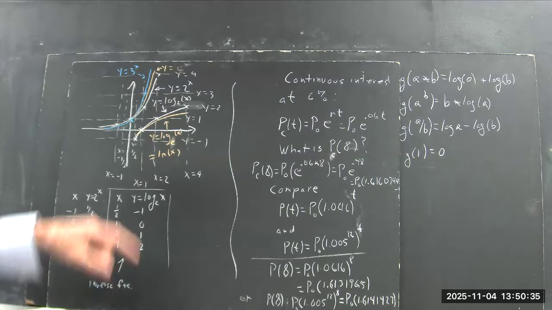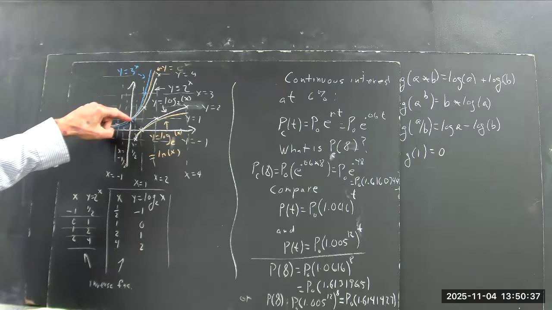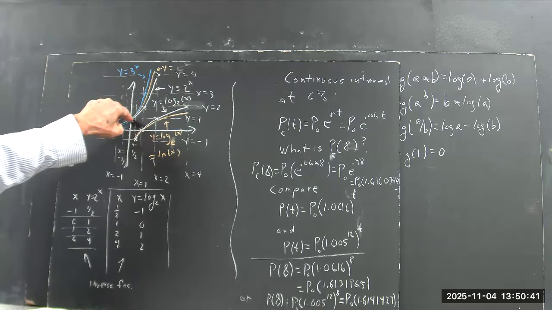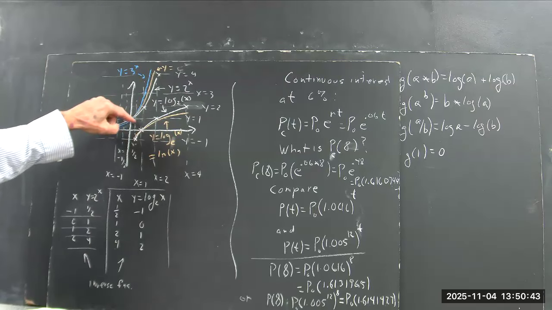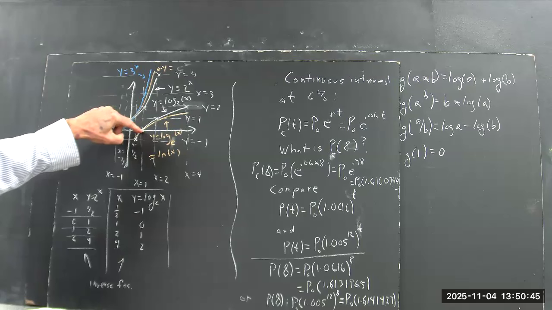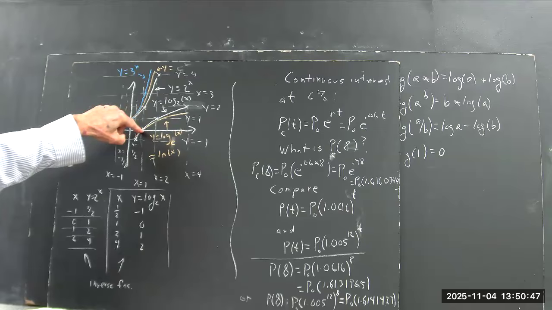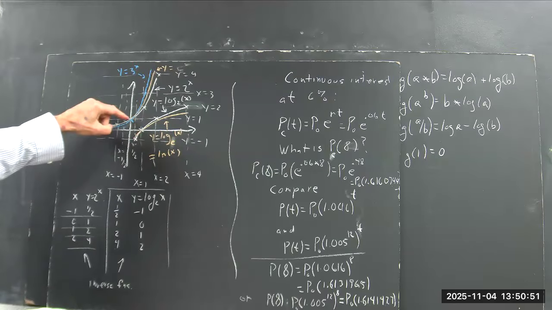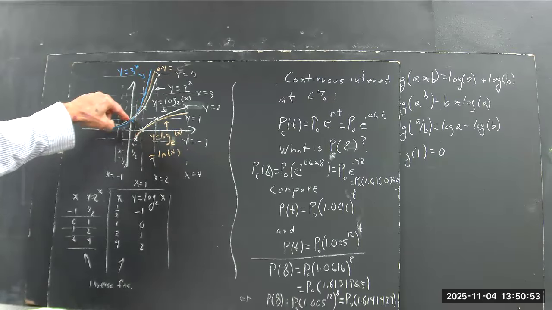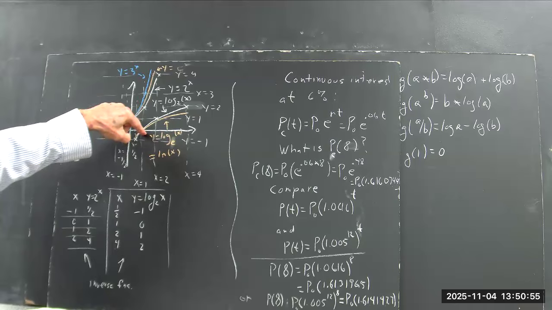So that point has to be on every exponential function, every b to the x function. And this point has to be on every log function. When x equals 1, y equals 0.